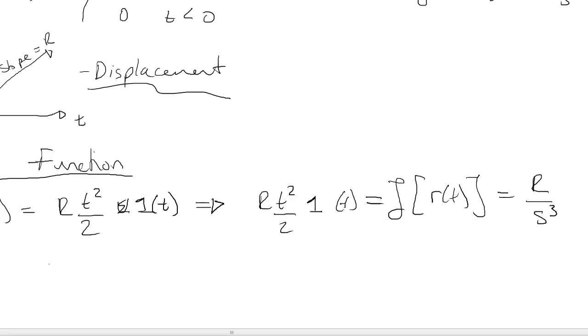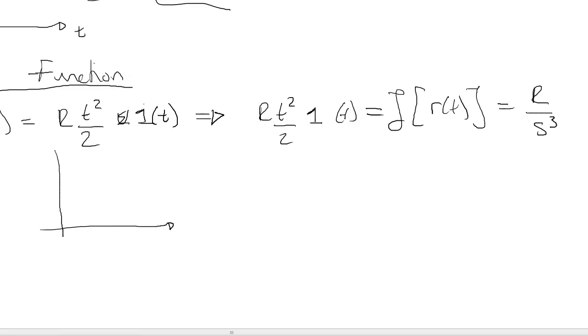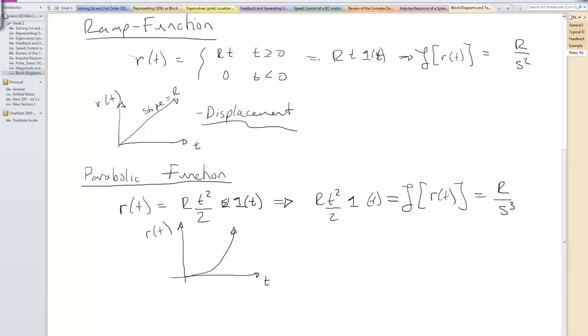And again, I can plot this, and if I plot r of t versus t, it's just a nice parabola like that. And we can think of this as commanding an acceleration.